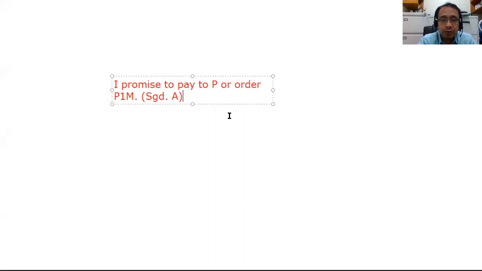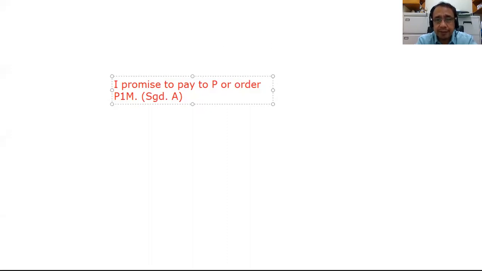Do not confuse a negotiable instrument with a complete instrument. Because if I ask you whether this is negotiable or non-negotiable, obviously the answer is negotiable. But this is not yet complete. As long as it is in the hands of A, it is not yet a complete instrument.